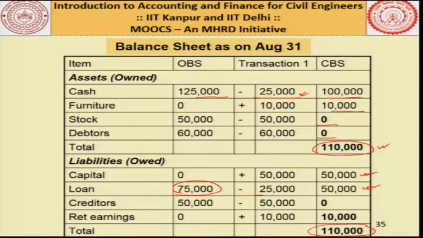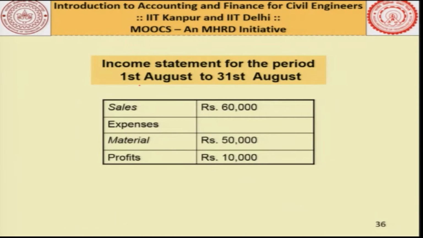Now for the same period from 1st of August to 31st of August, if you want to show the income statement or profit and loss statement, how will it look? There was a sale for rupees 60,000. You did trading, no expense was incurred in manufacturing, so this is 0.